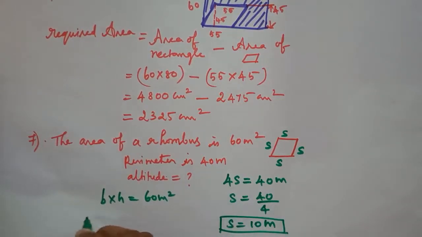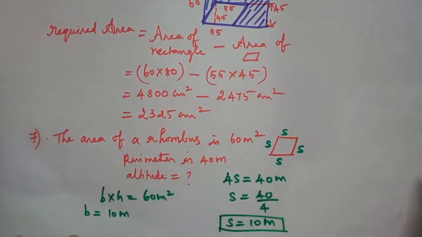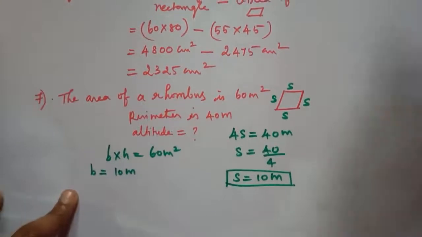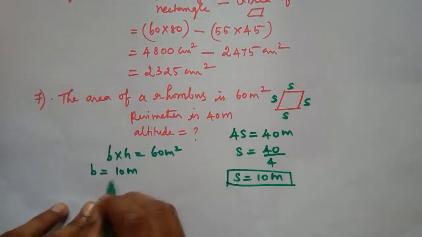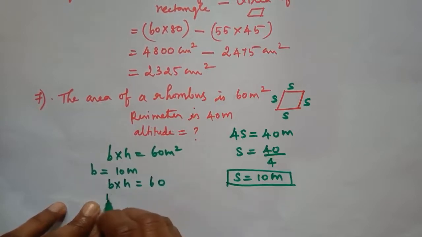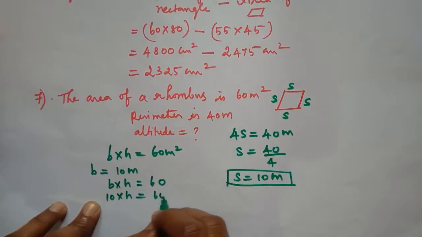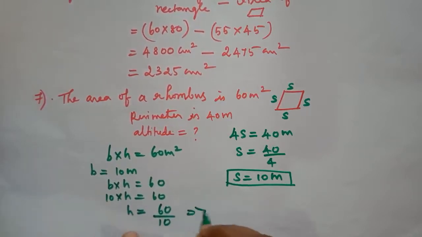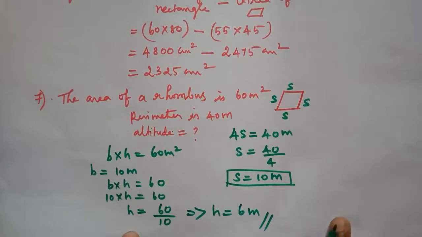So base is equal to 10 meter. So b into h is equal to 60, 10 into h is equal to 60, h is equal to 60 by 10, therefore h is equal to 6 meter. So height or altitude is equal to 6 meter.